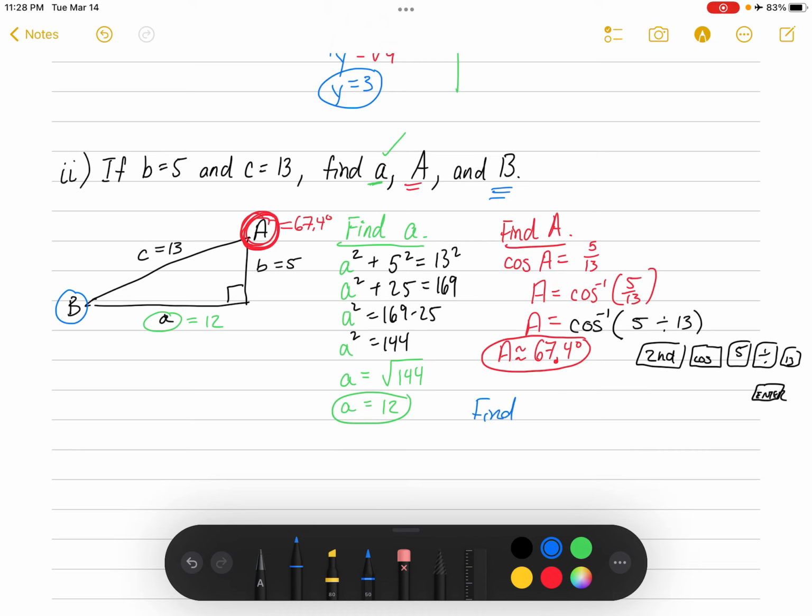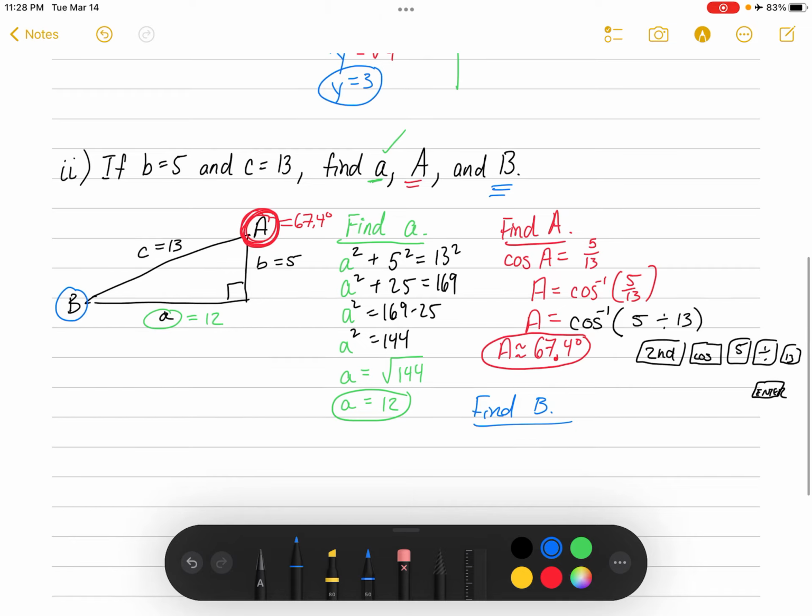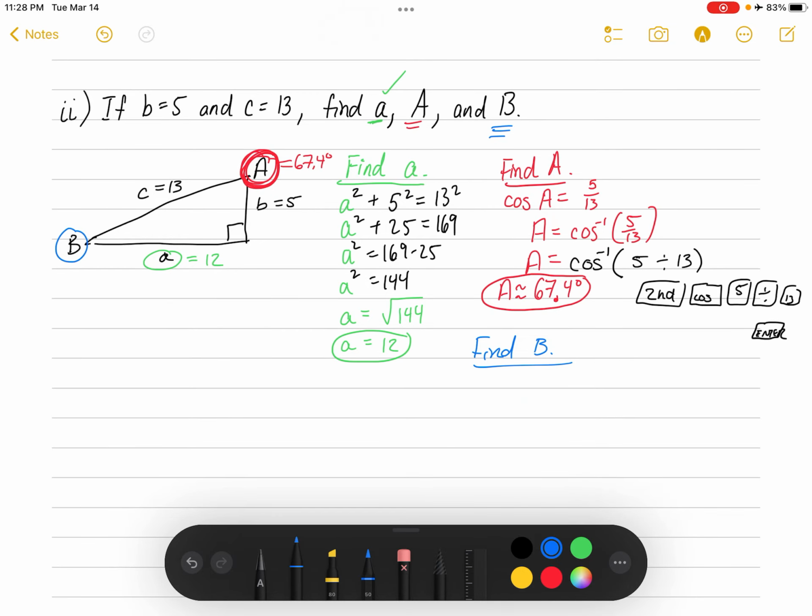Now to find B, we can use the fact that the triangle's angles all add up to 180 degrees. So we already know one of the angles here is 90, right? This one is 90 right here. So I'm going to have 90 degrees plus 67.4 degrees plus B, that's the unknown, equal to 180.